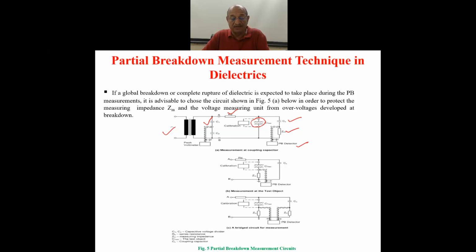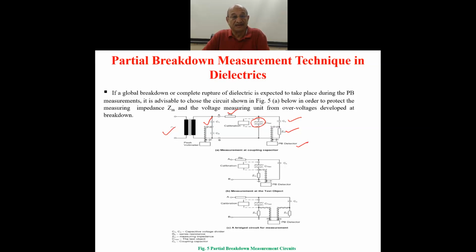But as soon as you connect the whole circuitry, before energizing, you put on the partial breakdown detector, and you have to calibrate the pulse at the detector for a certain intensity of discharge current.